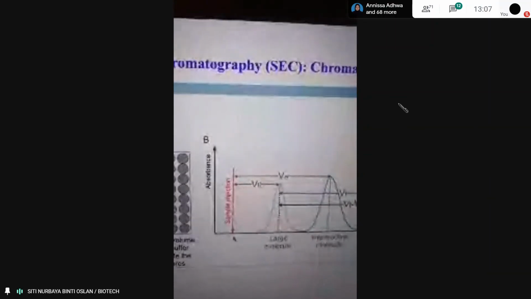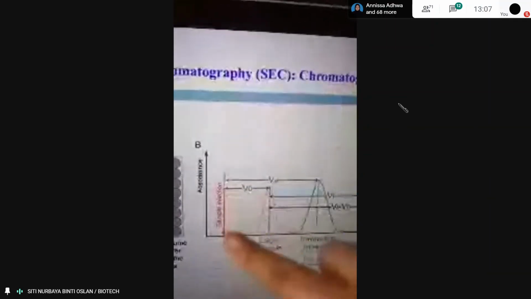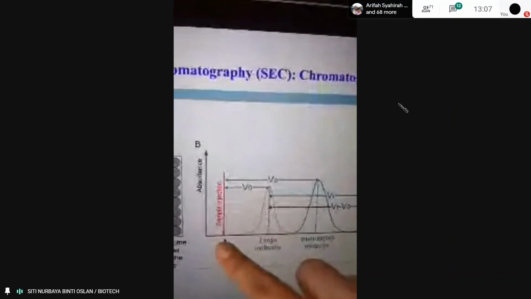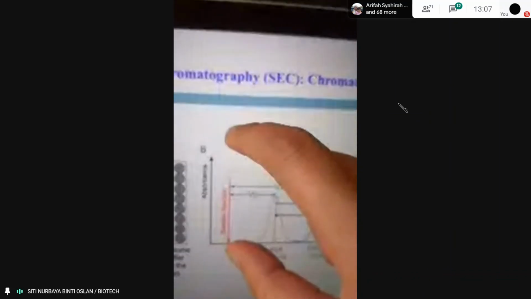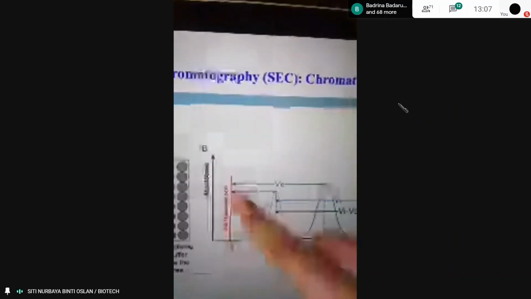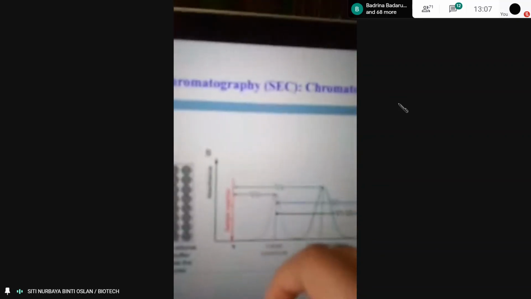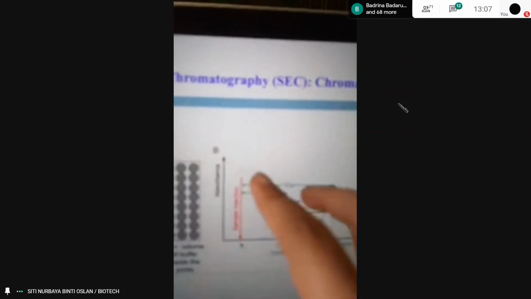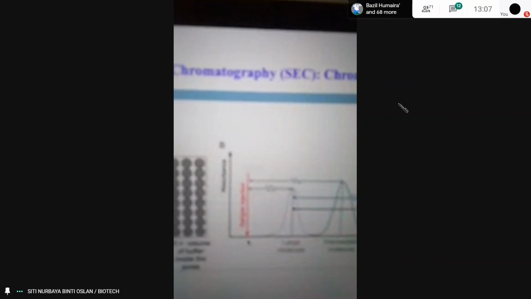What happens if the void volume is 50, because we have used a very long column? The column volume, I mean the size of the column, is 50.